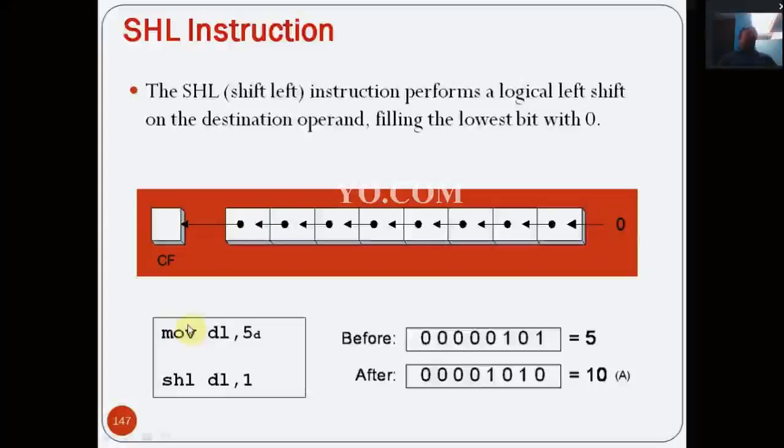Consider one small program, move dl comma 5d. Okay, that d means decimal number. So dl equal to 5. Then shift dl comma 1. This 1 indicates how many times we have to shift. If it is 2, the data will shift 2 times.